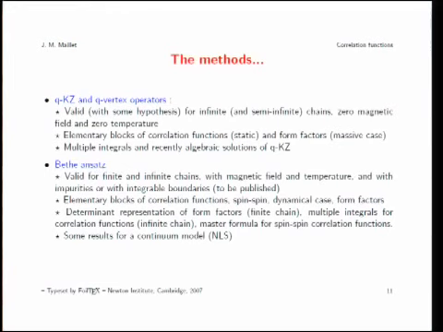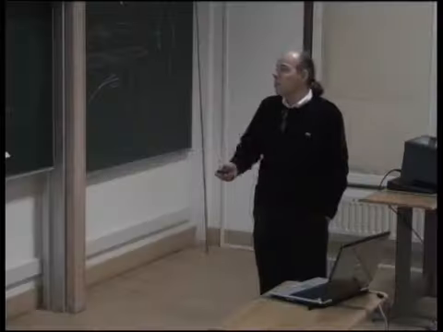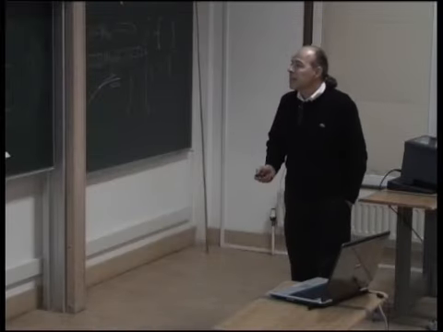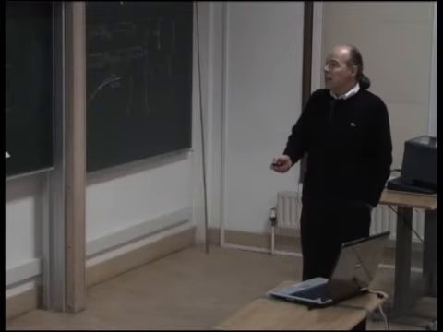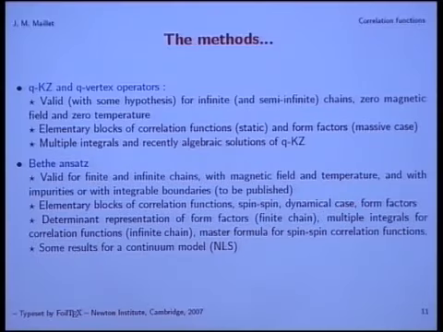The second line is from Bethe ansatz, and I will give some more details in the following. It's valid for finite and infinite chains, with magnetic field, with temperature. You can put in impurities, you can put in integrable boundaries. You can also compute their elementary blocks, spin-spin, dynamical case, form factors.